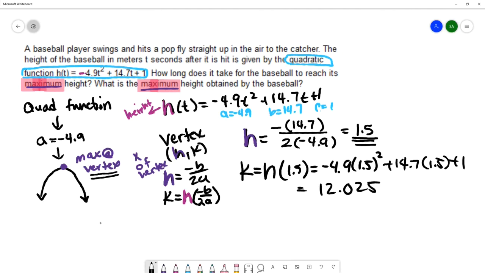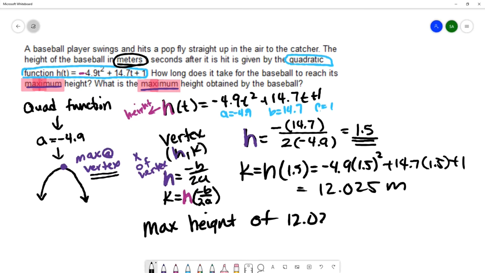And this is going to be the height of the ball. And the height is in meters. So we're going to get our maximum height of 12.025 meters at a time of 1.5 seconds.